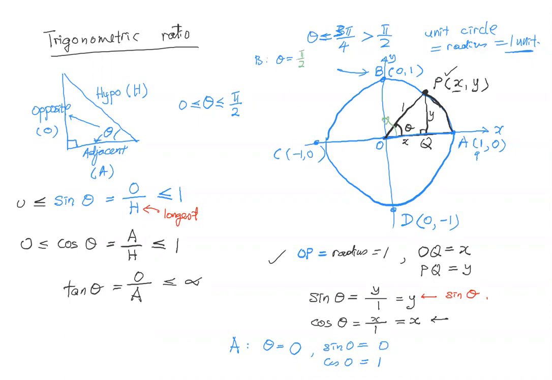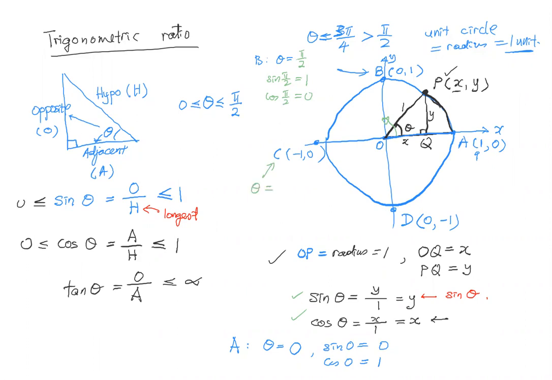So therefore, can you please tell me what is sin pi over 2? Remember here. 1. Good. What is cos pi over 2? 0. Okay, what is the angle at point C?